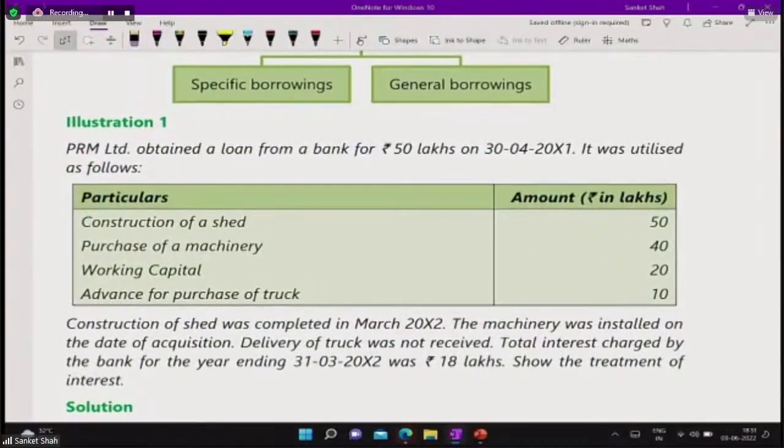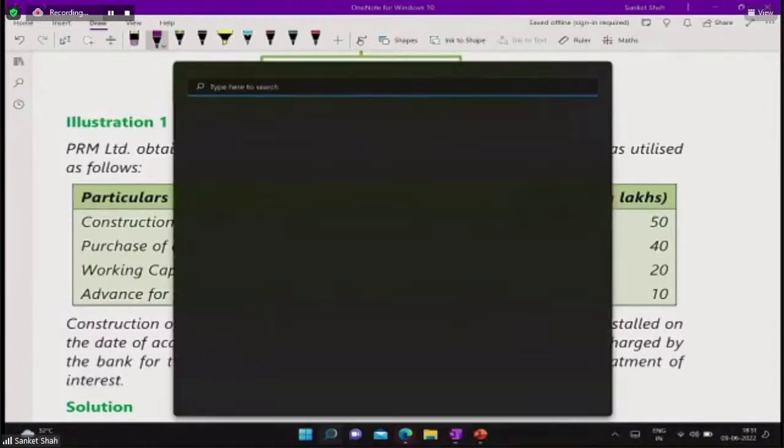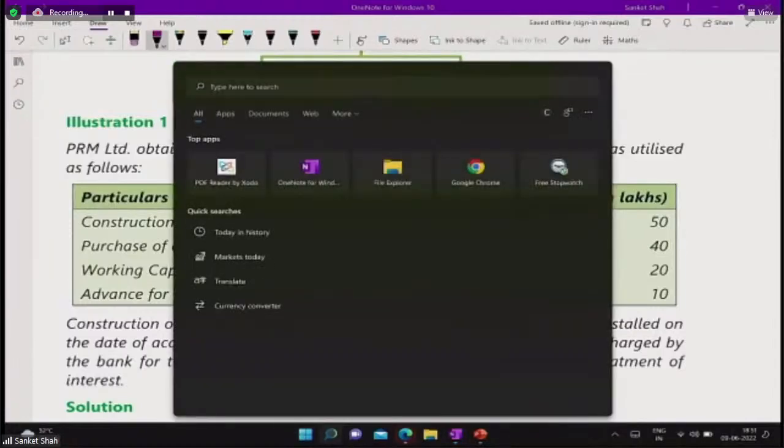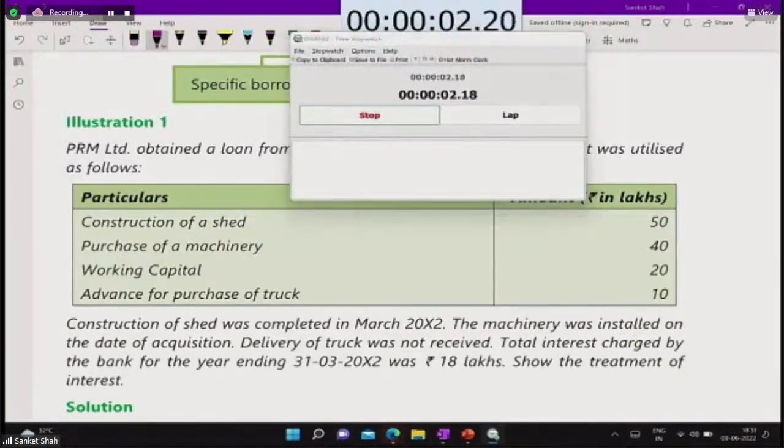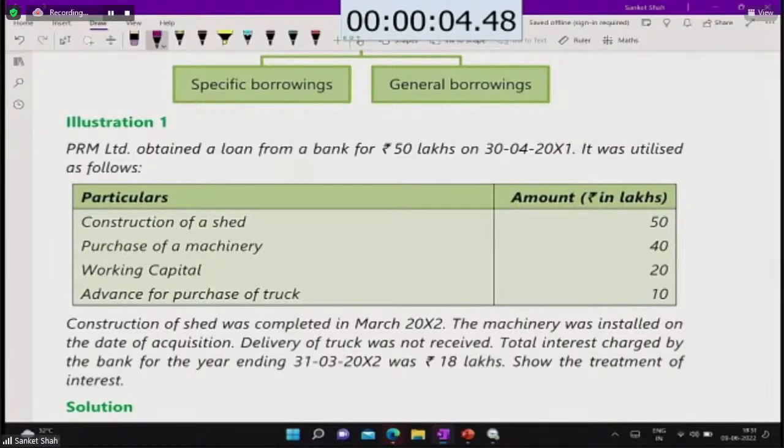Solve this illustration. First read it on your own. I'm giving you 4 minutes. Don't refer to the answer. Try to solve it on your own. Yes, solve it.